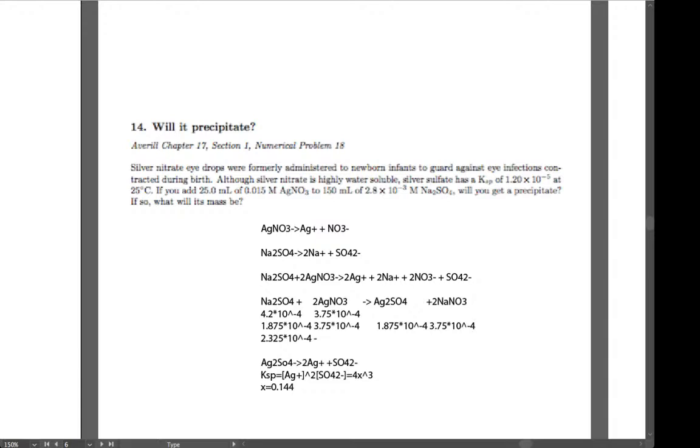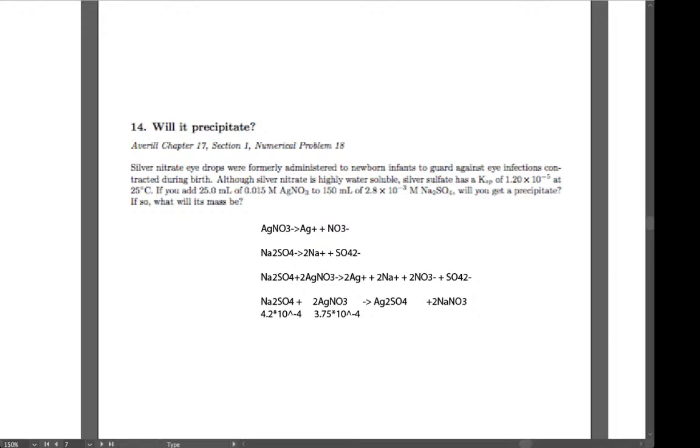The first thing that I found out is that the concentration of silver nitrate is 3.75 times 10 to the power negative 4. So we basically know the concentration of silver, in this case 2.14. Let me just remove this bottom side here.